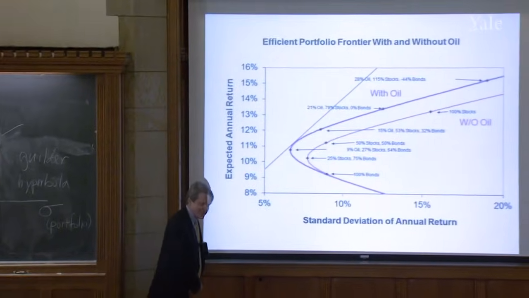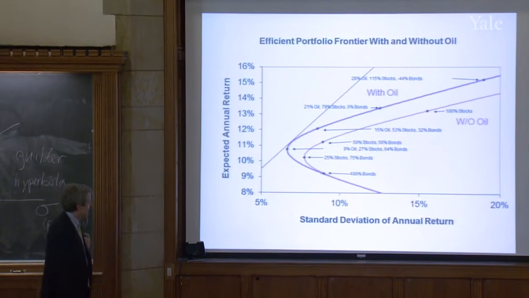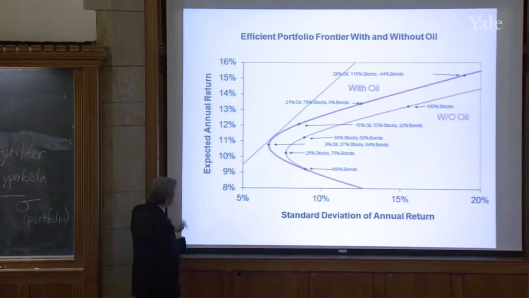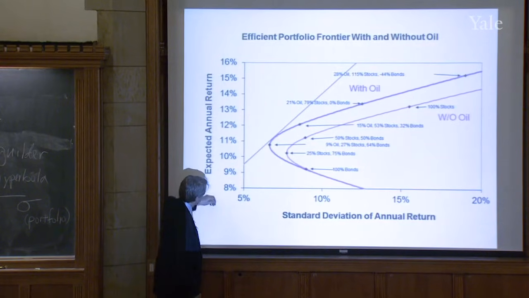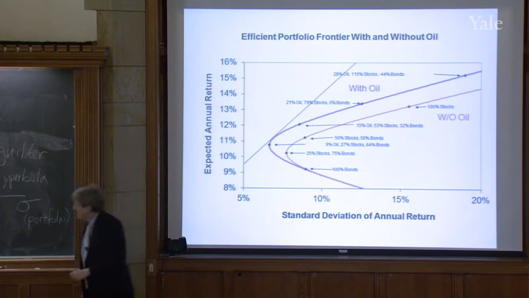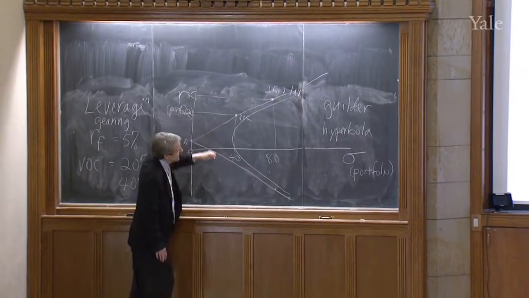So what do I want to do? I want to get the highest expected return for any standard deviation. I want to take a line that goes through 5% on the y-axis and is as high as possible. So I'm taking a point right over here at 5% and trying to get as high as I can.